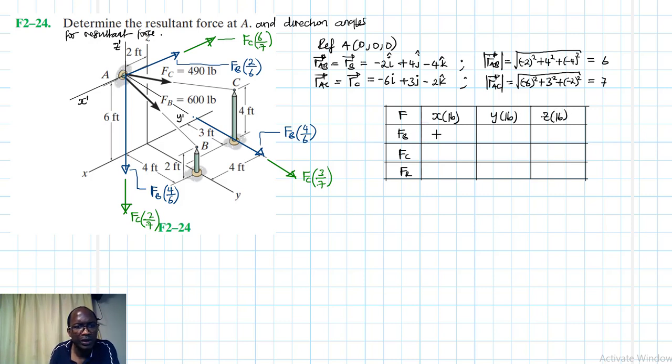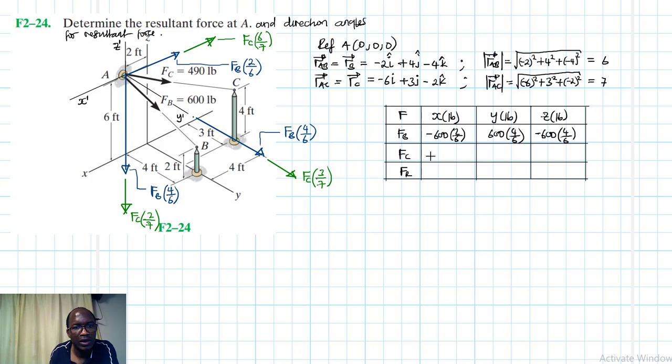So we said FB, x component is negative, so it's minus FB. FB is 600, so it is 600 by 2 over 6. Y component is positive, which is 600 by 4 over 6, and the z is minus 600 by 4 over 6.